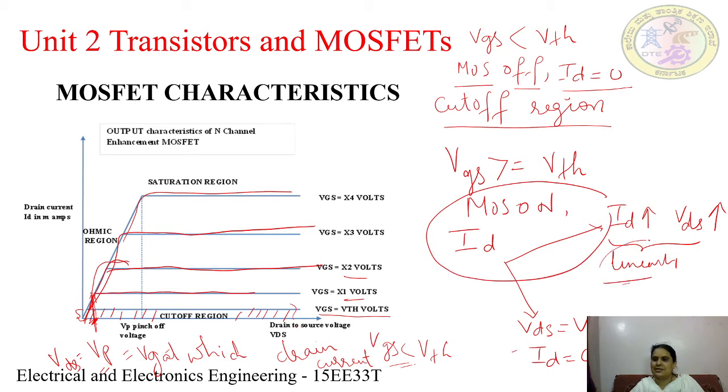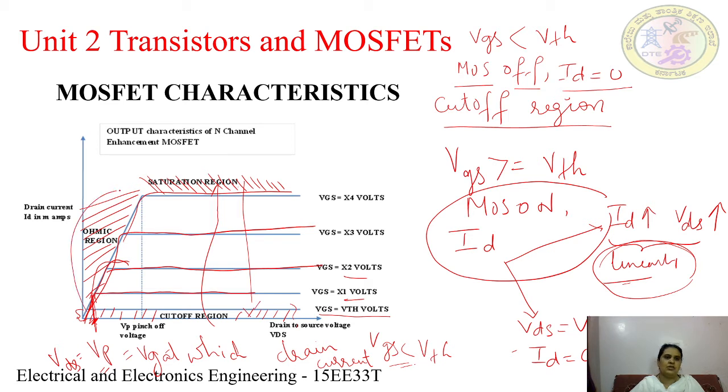The linear part is called the ohmic region or the linear region of the MOS transistor. If the drain current is constant, that is called the saturation region of the MOSFET. Based on the application required, my MOSFET can operate in the saturation region and cutoff directly. It can shift from cutoff to saturation, saturation back to cutoff, or it can operate only in the linear region.